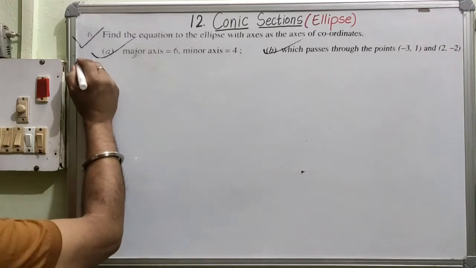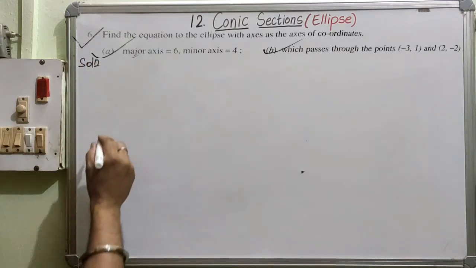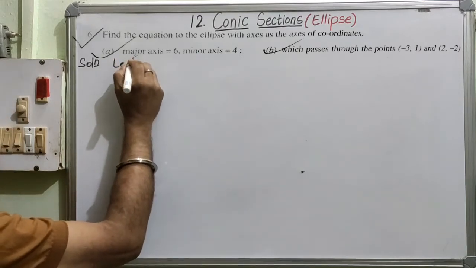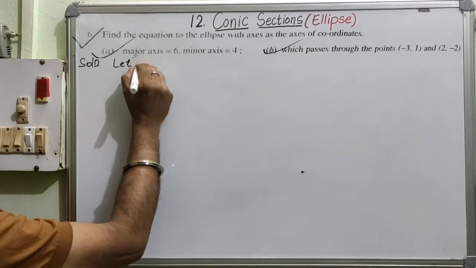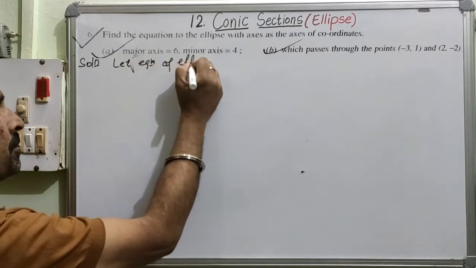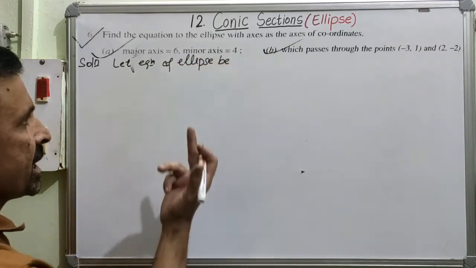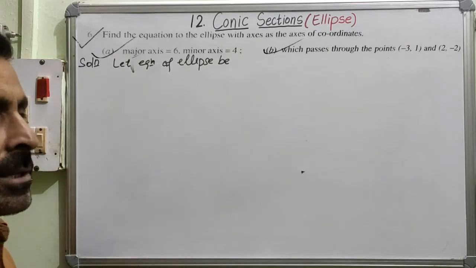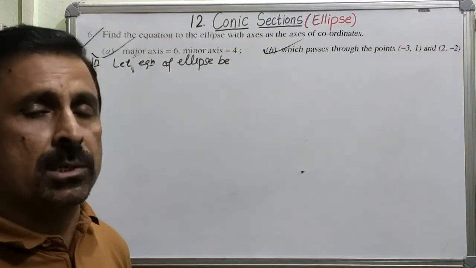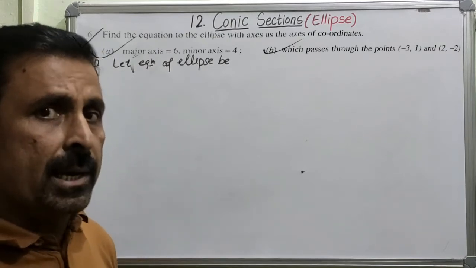So we are going to start the solution. Here the coordinates of 2 points are given, so first of all, let us assume the equation of the ellipse. Here in this case, because we don't have the major axis or the minor axis, there could be some confusion whether this ellipse is a horizontal ellipse or a vertical ellipse.